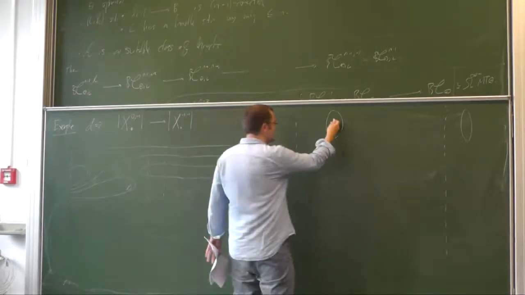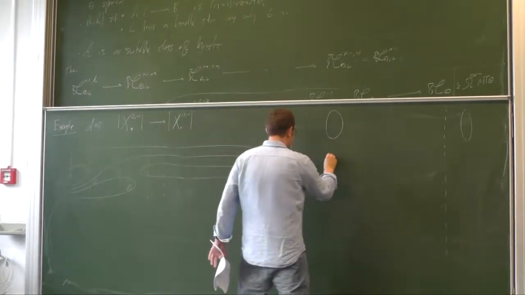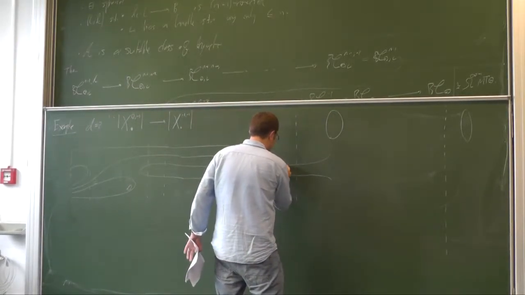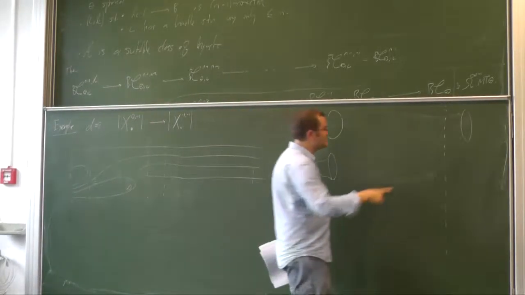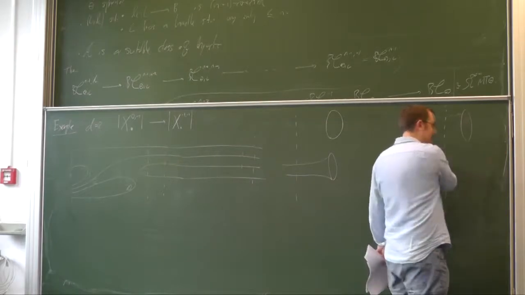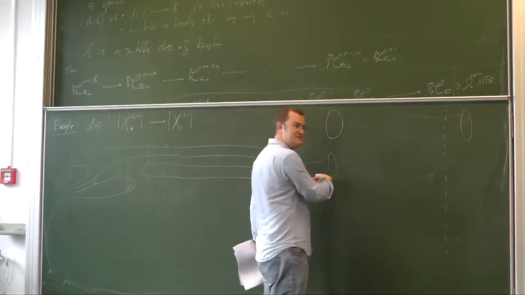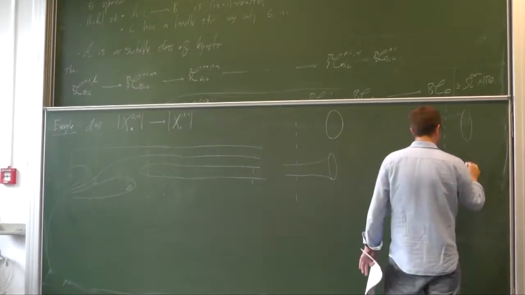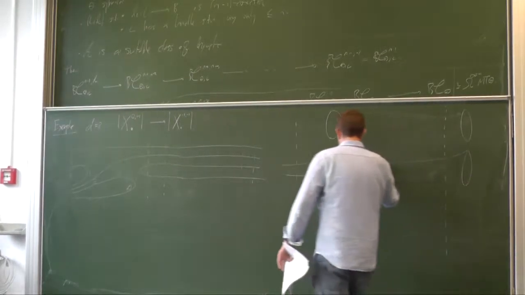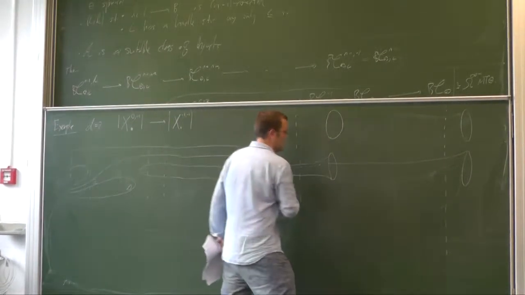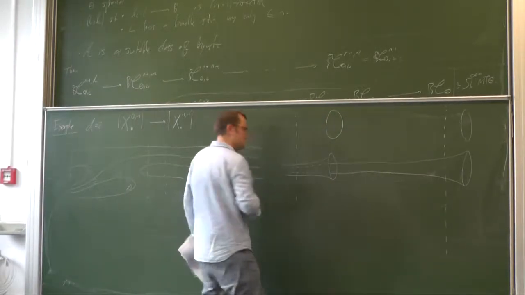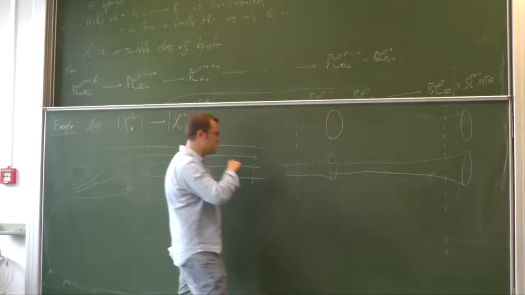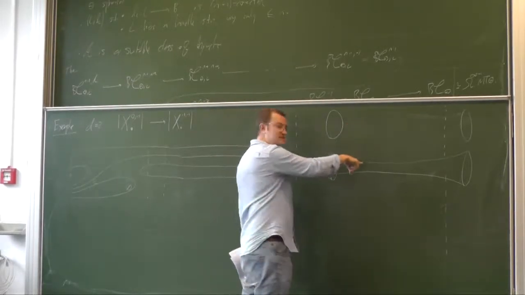So I first take the middle of the disk and I pull it down here, and that gets me to a situation that looks like that. Okay? I also take the middle of this disk and I pull it down, and I put it through the middle of that one.